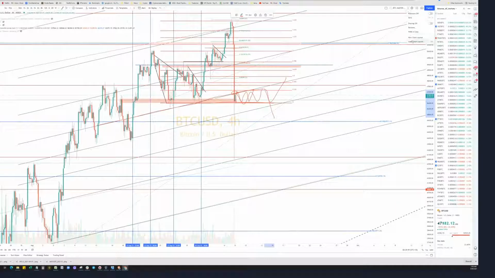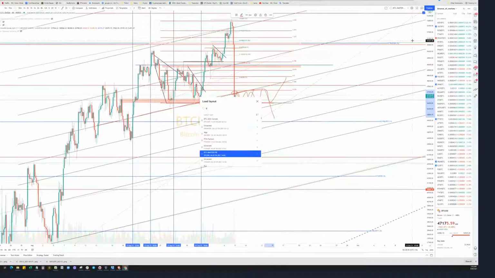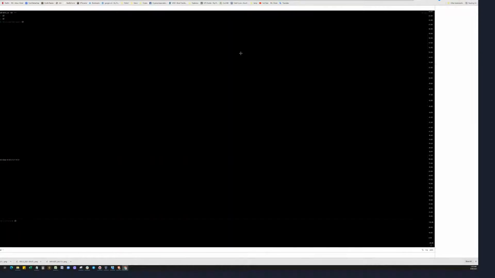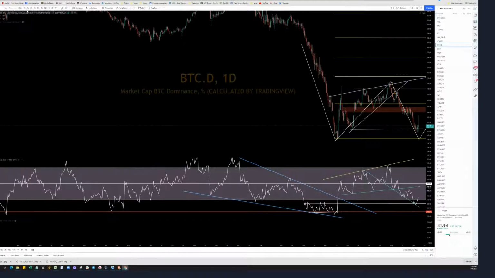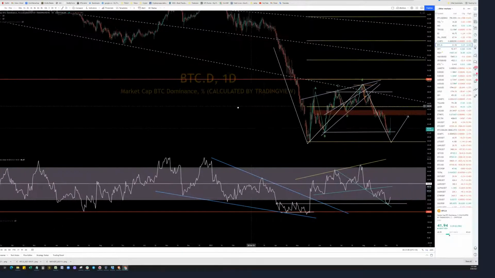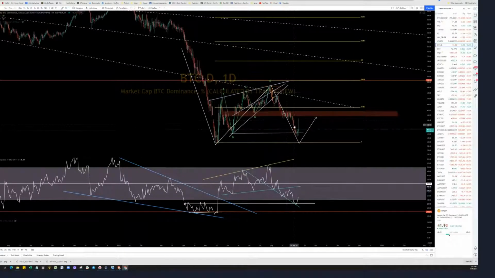Let's have a look at Bitcoin dominance. Here we go. Bitcoin dominance. Hit that. Oh, okay. So the alts will recover very quickly.